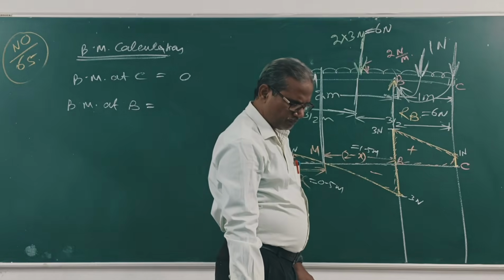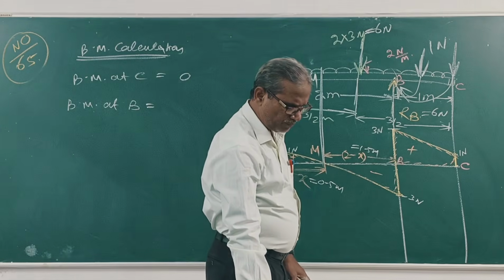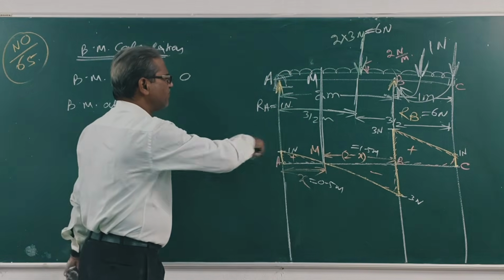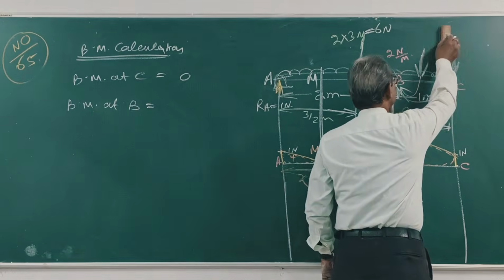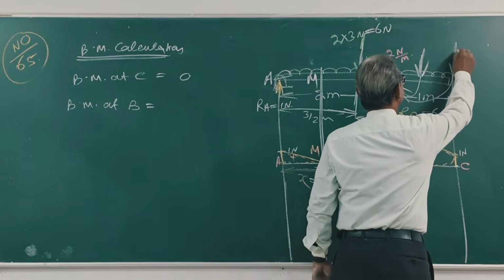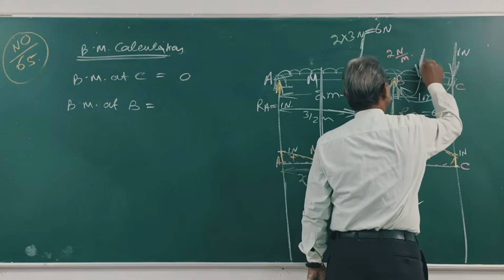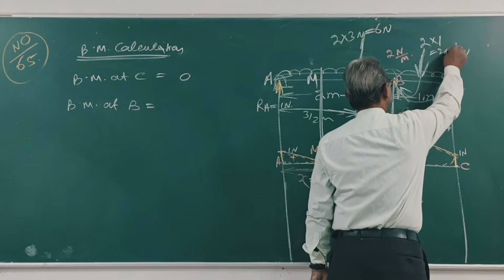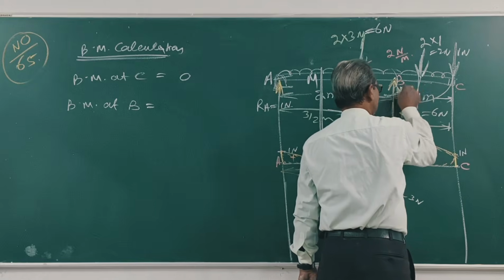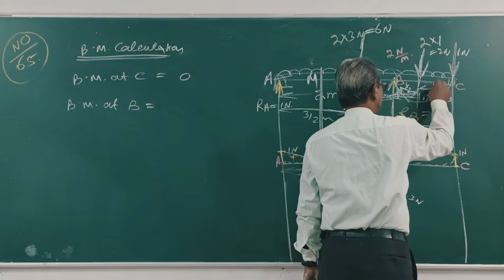At B, this is 1 Newton, this is 2 into 1, 2 Newton, this is 1 by 2, 1 by 2. Clear?